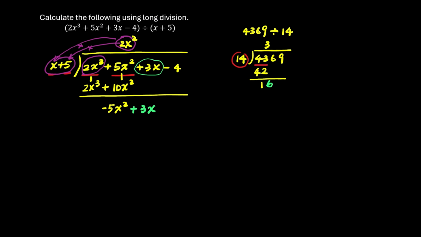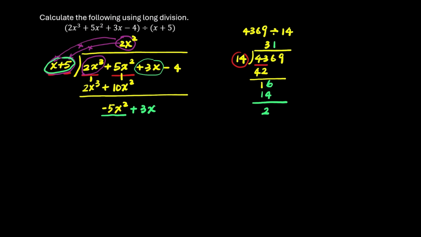In this case, we know that the number is 1. So 1 times 14 is 14 here. And then we subtract them, we get a remainder of 2. All right, for the polynomials, we also repeat the same process. We need to find a term that, when multiplied by this x plus 5, will give us a leading term that matches this, minus 5x squared.